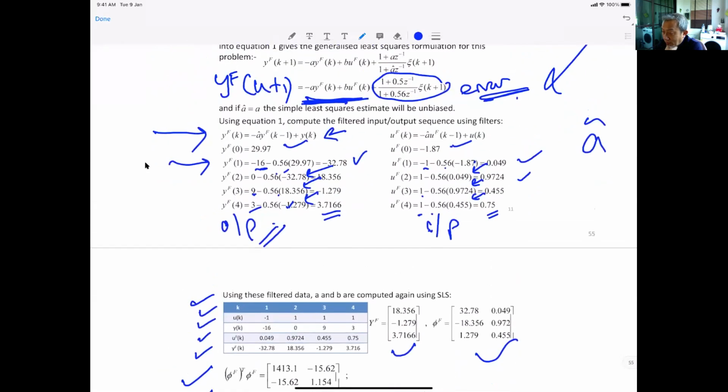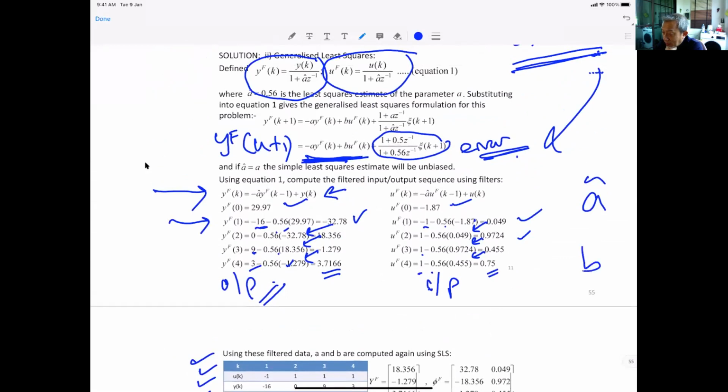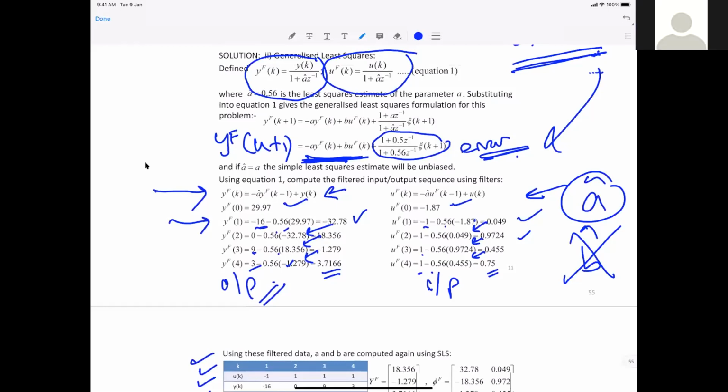Dalam filter ni tak pakai B cap. Jadi dia cuma generalizekan lagi least square estimate itu. Did I answer your question? Yes, Prof. Thank you.